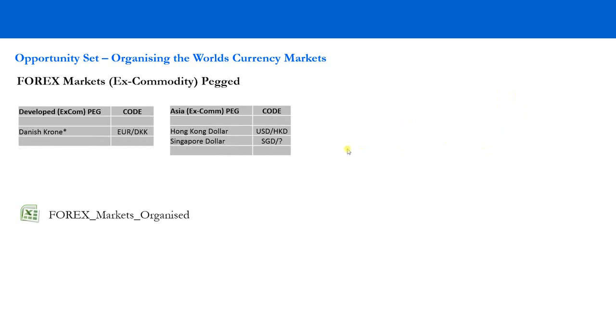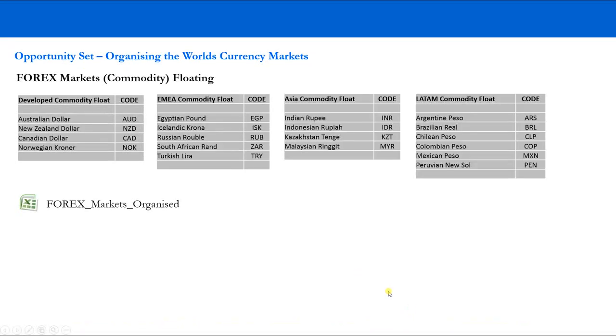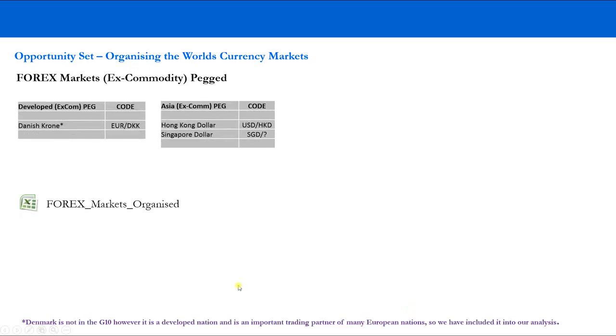The next definition is the ex-commodity pegged regimes. So we have Denmark in here. Denmark's not in the G10, but it's a developed nation and is an important trading partner of many European nations. So we've included it in the analysis. So developed ex-commodity pegged, the Danish krone, which is pegged to the euro.